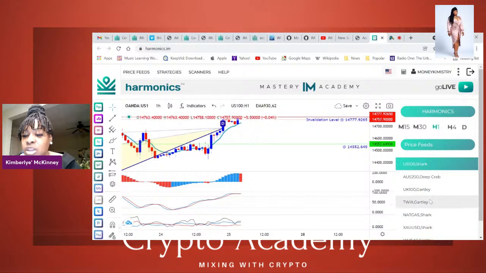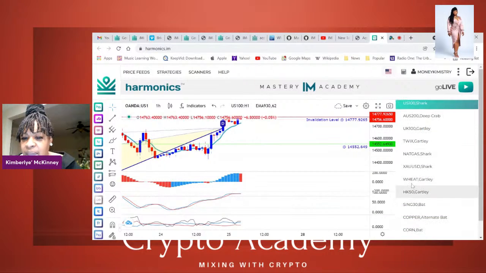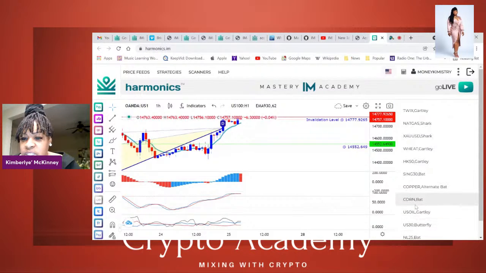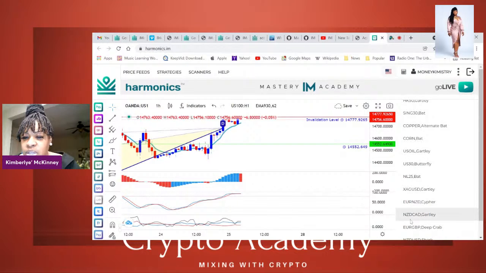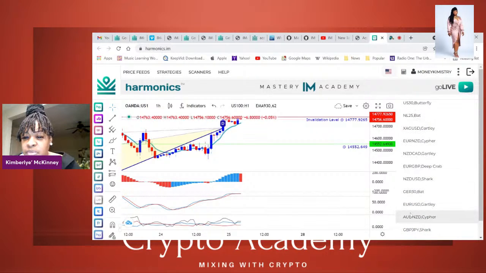But now those are being replaced with natural gas, gold, UK 100, the Aussie 200. Guys, you can even trade wheat and barley. As you can see here, copper, corn, US oil. Here's US 30. Now we're starting to get into some of the currency pairs.